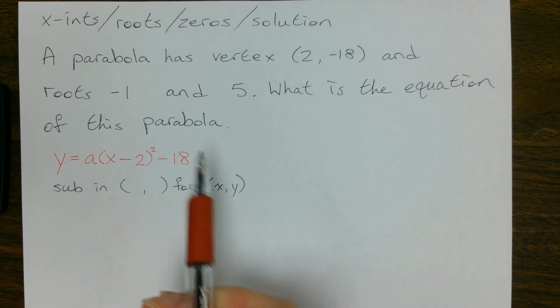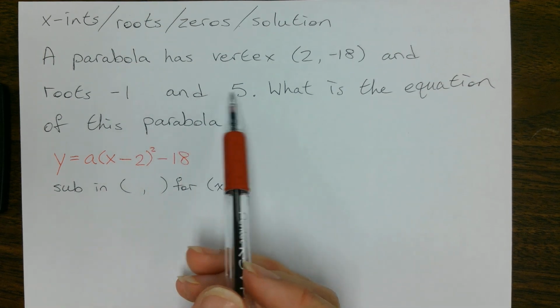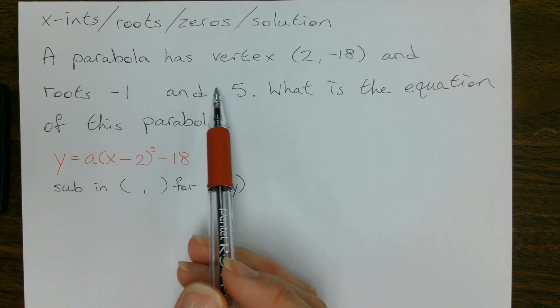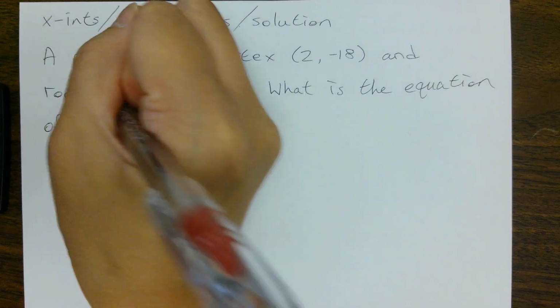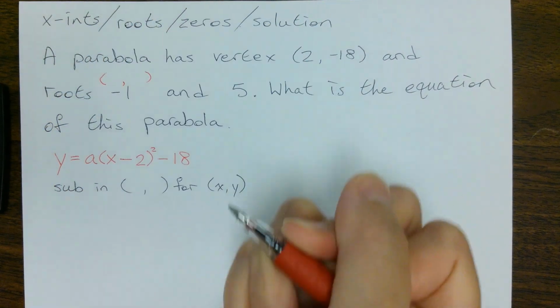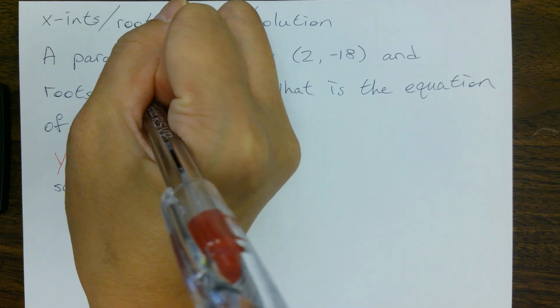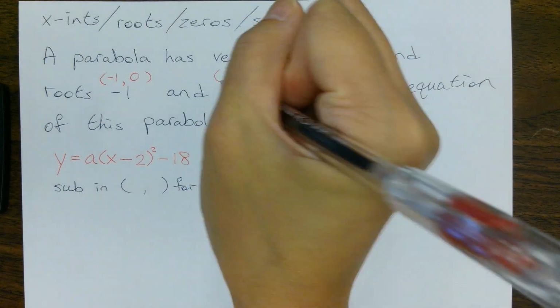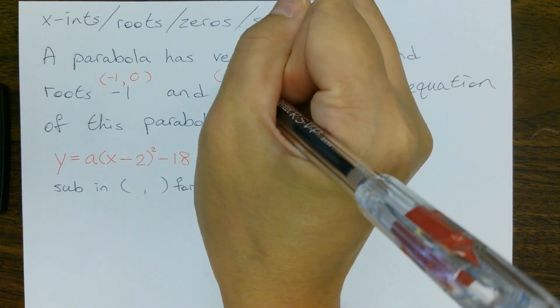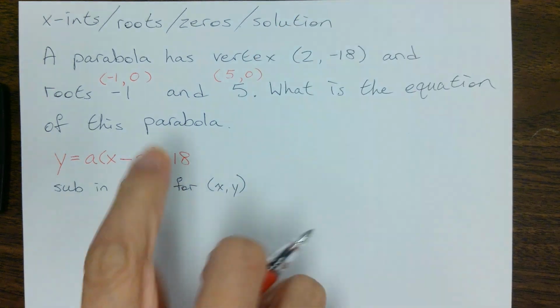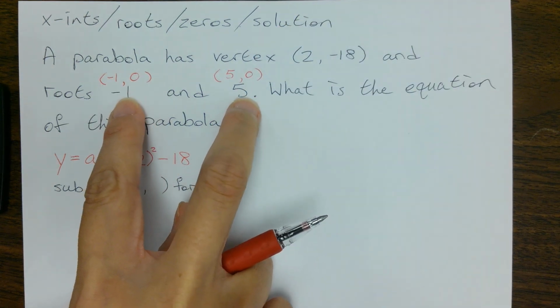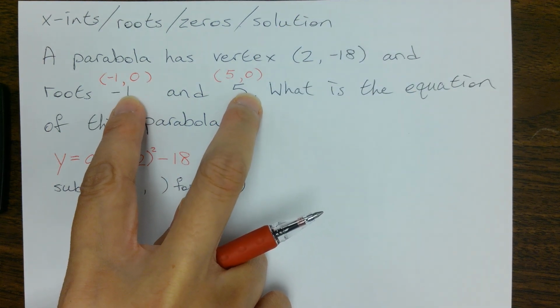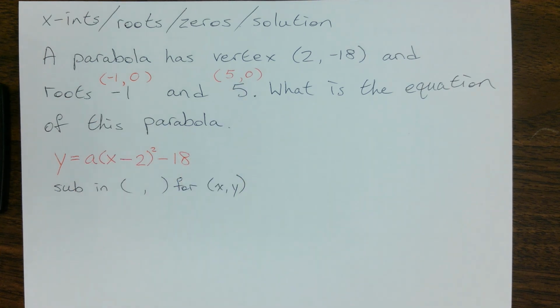Good. Okay, so I did not give you -1, 5. These are x-intercepts. So if I were to rewrite this as a coordinate, I could write -1, 0. And I'm actually given 2 options, 5 and 0. So when I give you an x-intercept, I actually give you another coordinate.